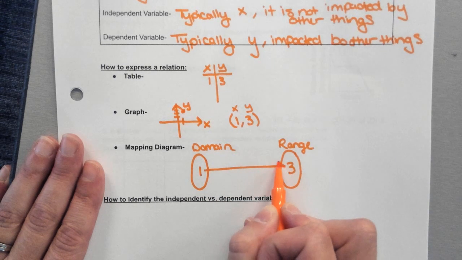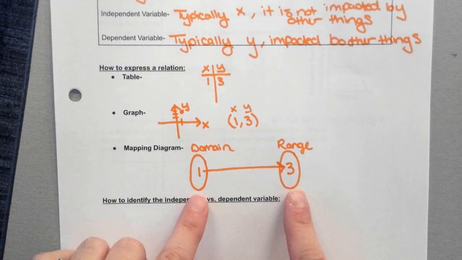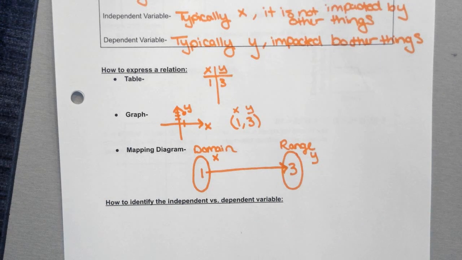And then what we do is we draw a line showing that 1 matches up to 3, that those two are buds. So we draw an arrow showing that those match up to each other. So the table is literally a table, putting in points. The graph is a graph where you're plotting. And then the mapping diagram is looking domain to range. And again, domain are always X's, range are always your Y.